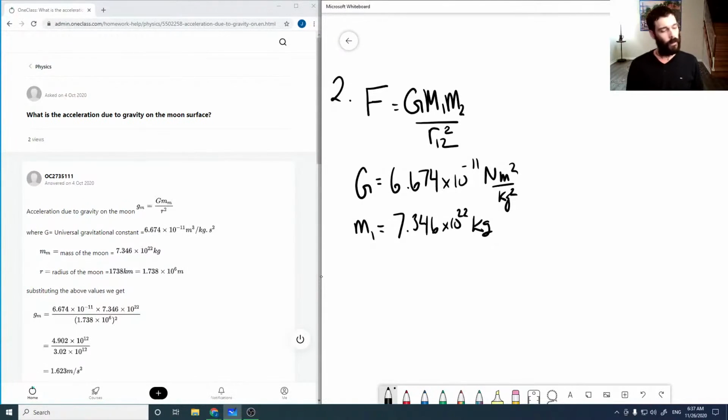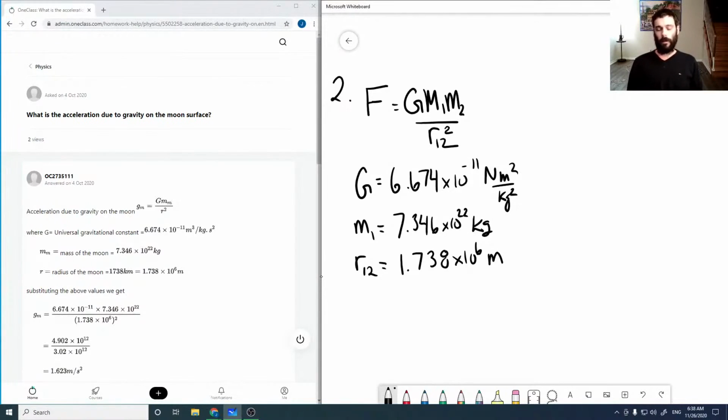And r12 would then be the distance from the center to the surface of the moon, or the radius of the moon, which is 1.738 times 10 to the 6 meters. We want the gravity on the moon's surface, so we actually don't need m2.